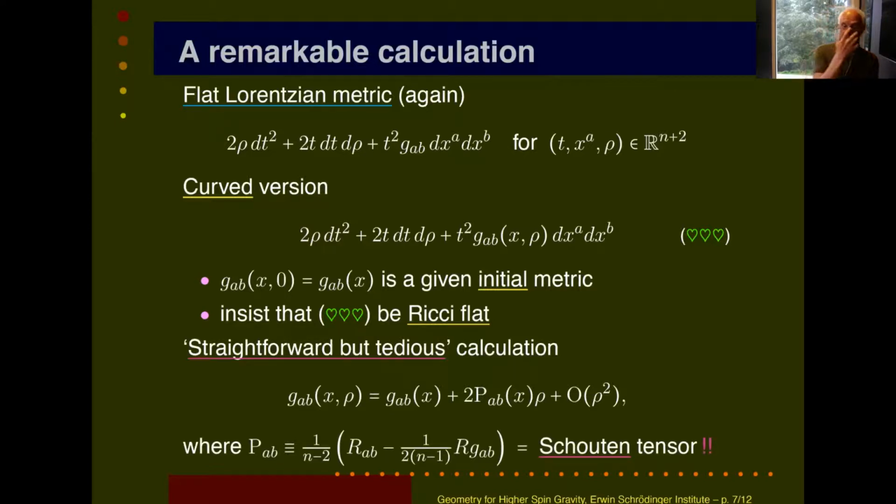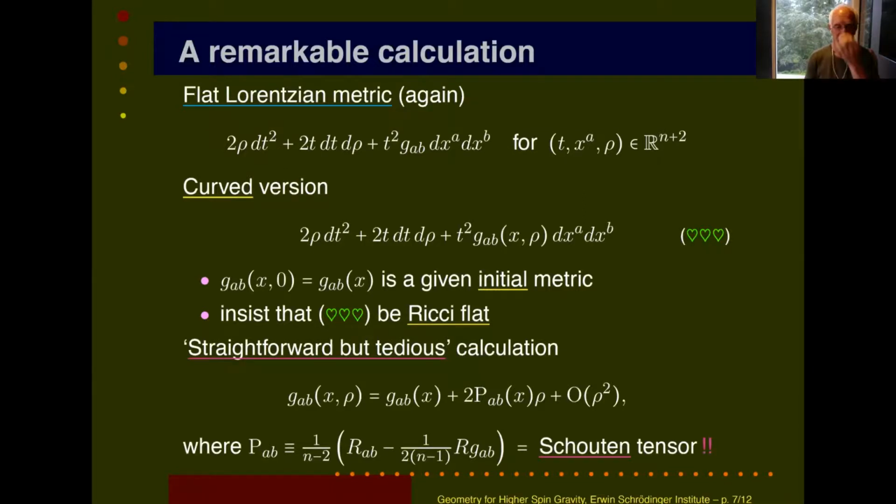So rho_AB is this following tensor. It's an appropriately scaled, trace-adjusted part of the Ricci tensor. R_AB here is the Ricci tensor, R is the scalar curvature. So I've first taken the Ricci tensor and modified it by an appropriate scalar multiple of its trace, and then taken a scale of that, 1 over n minus 2.